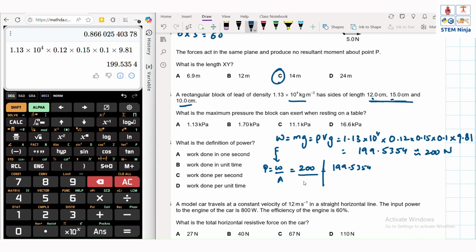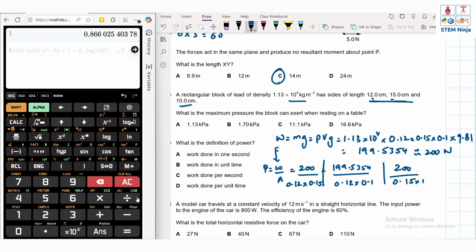Let's test out with the 200 or 199, doesn't matter. We can try out with 0.12 and 0.15. We can try out with 0.12 and 0.1. And we can try out with 0.15 and 0.1.